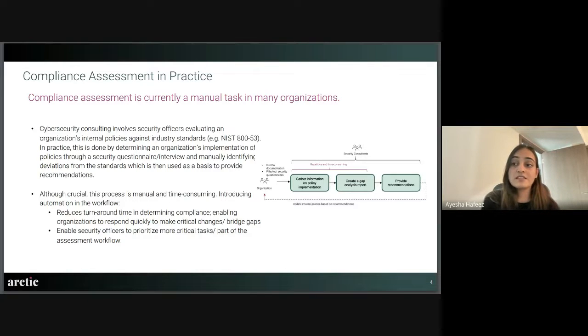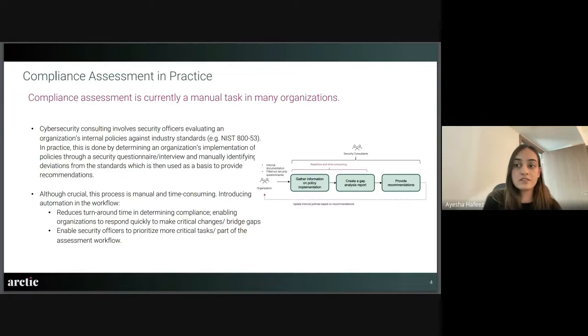In practice, this is done by security consultants gathering information from clients, either through their internal documentation of the processes or through a security questionnaire, and then trying to identify the gaps where the organization's practices do not comply with the standards and the requirements within these standards.